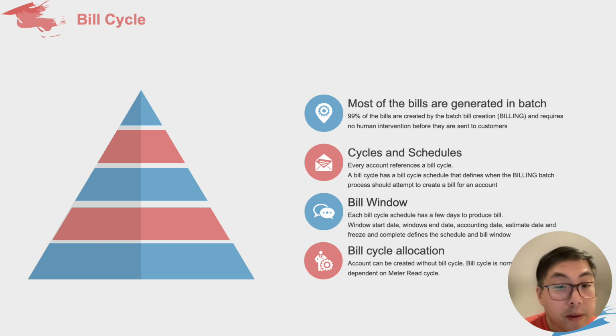Okay, so next one is the bill cycle allocation. If we think about an end-to-end process, the V model, when the customer comes to us, we will understand who the customer is. Now, at that point, the person is actually created.